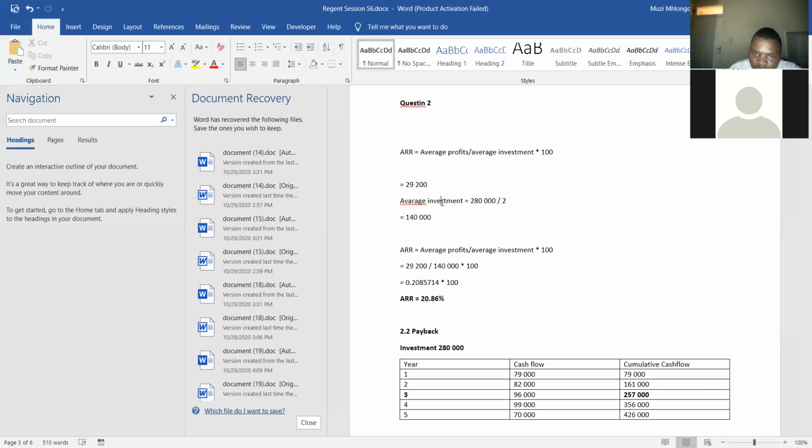That 15,000 is the depreciation after tax. And then what you do on those cash flows to get the net profit is add that 15,000. It would be 66,000 plus 15,000, you get 81,000. 96,000 plus 15,000, you get 111,000.